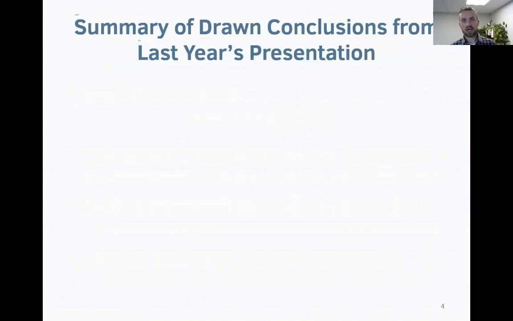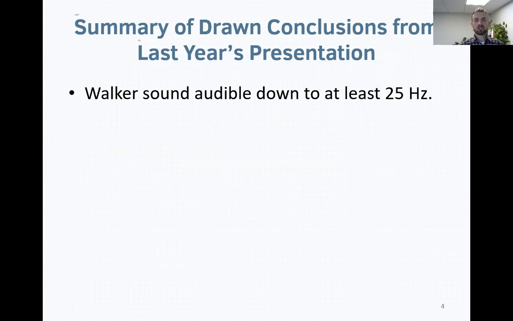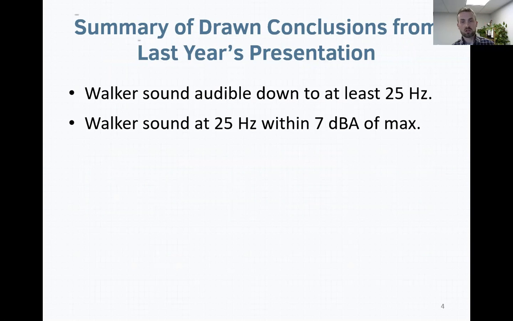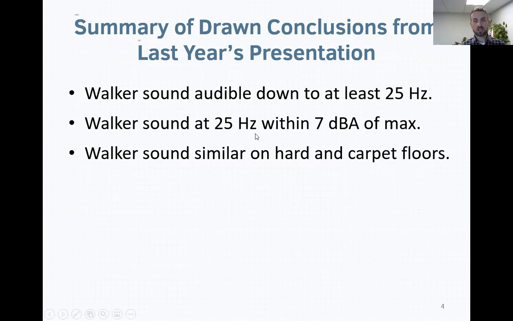So just to look at what we'd done previously, last year we talked about Walker sound being audible down to at least 25 hertz. So below 50 hertz, we think at least 25 hertz we should be looking at, maybe even 20 hertz. The Walker sound at 25 hertz was within 7 dBA of the max. So this is audible sound that we're going to notice. The Walker sound was similar on the hard and carpet floors at low frequencies.